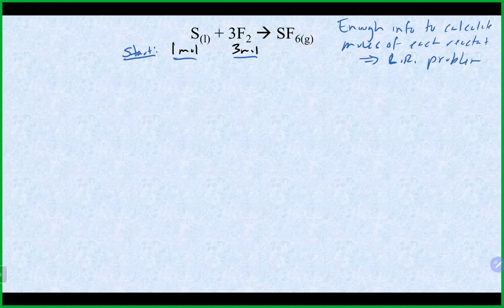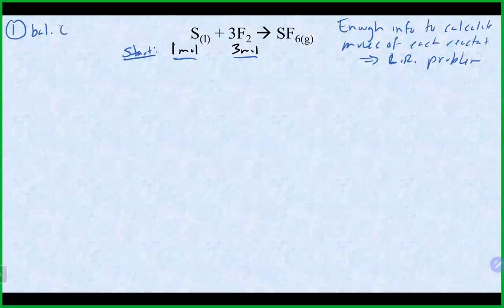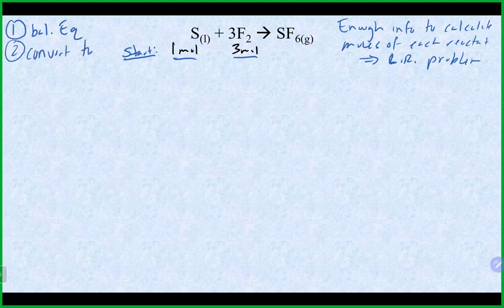So how can we solve these? Like I said, there are multiple ways you could do it. So let's talk about one way here, which is really based off of the stoichiometry calculations we've been doing. So if you follow those same 4 steps: we want a balanced equation, we want to convert to moles, and right around here, you will do a calculation to figure out the limiting reagent.